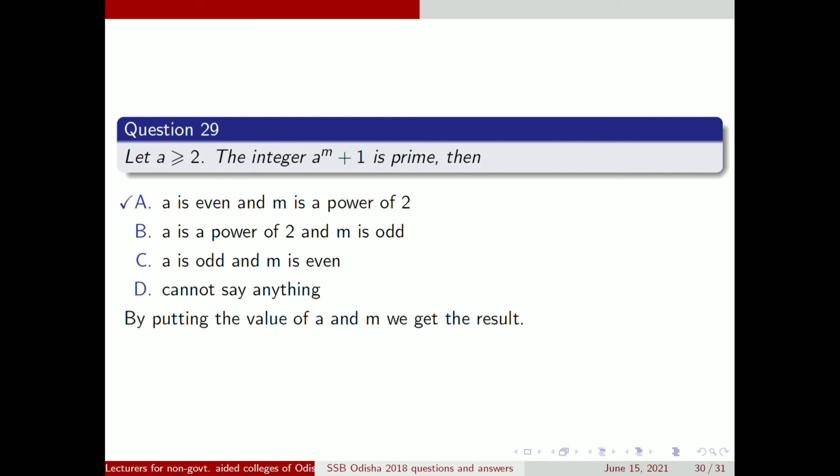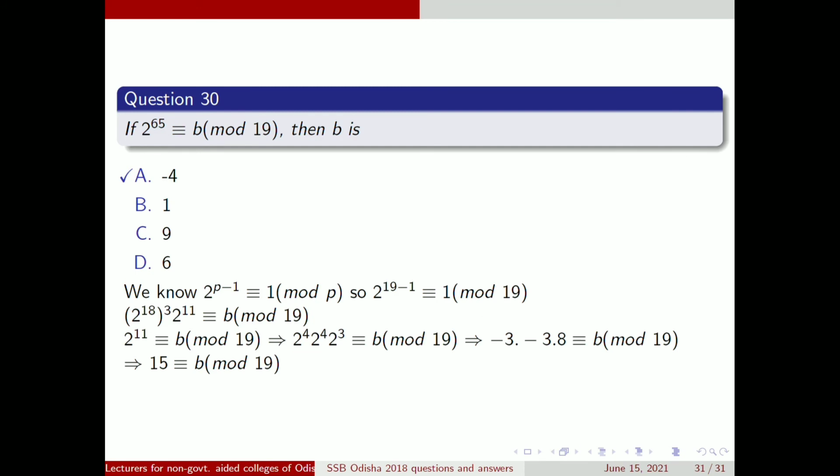Now question 30. It asks about 2 to the power 65 congruent to b mod 19. Then what is the value of b? That is, the correct answer is minus 4, because we know Fermat's little theorem, that is 2 to the power p minus 1 is congruent to 1 mod p, where p is a prime number, and in this question 19 is a prime number.